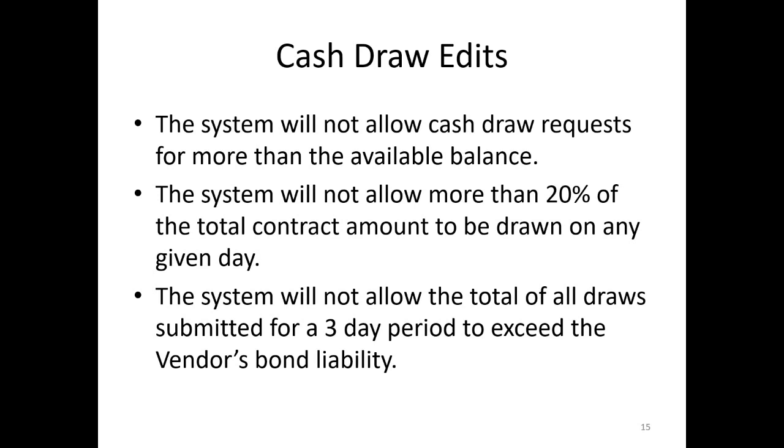Also, the system will not allow you to draw more than is available. I think we've talked about that. And the system will not allow you to draw more than 20% of the total contract amount in any given day.